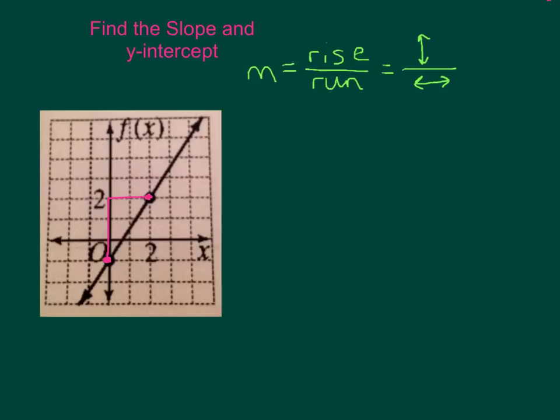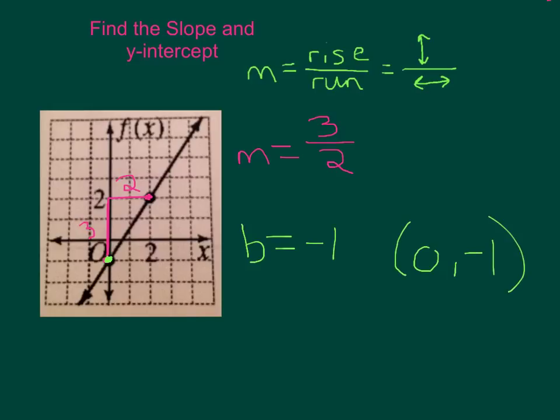So how many units do we have to go up? M equals, we go up 1, 2, 3, and over 2. So the slope is 3 over 2. And then the y-intercept is at -1. So you can say that b equals -1, or you can write it as the point 0, -1.